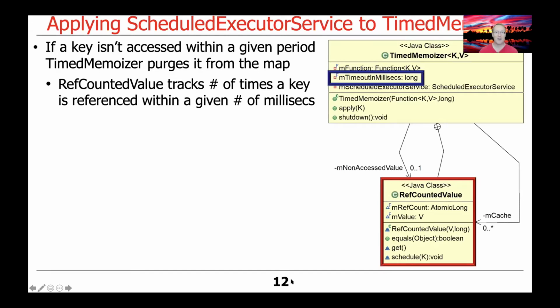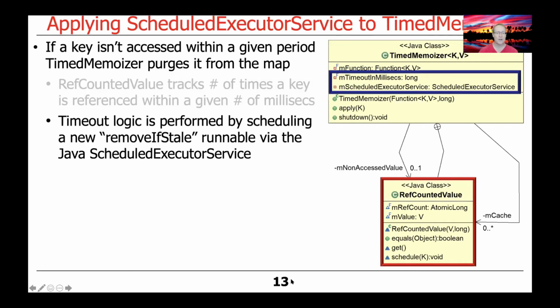And RefCountedValue, as you might expect, will be the type of the value in the ConcurrentHashMap. And RefCountedValue is going to track the number of times that a key is referenced within a given number of milliseconds. So essentially, if something is not accessed in that time, the reference count is not increased, then it's going to be a candidate for purging.